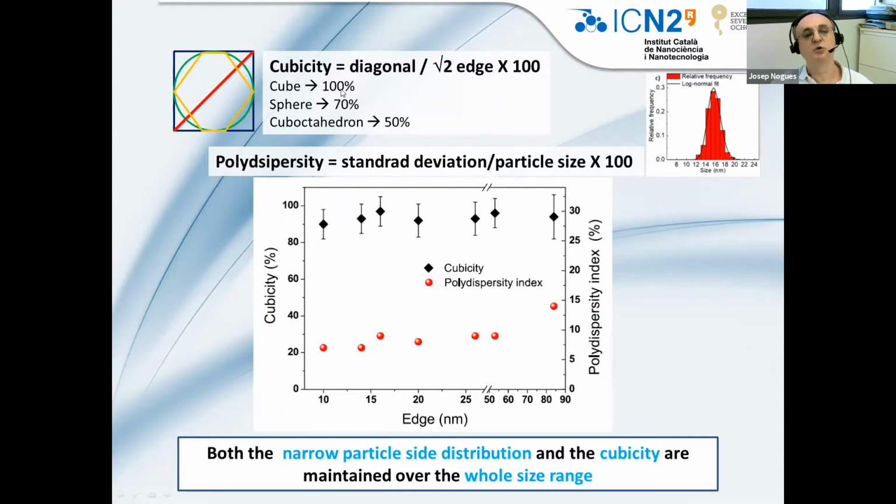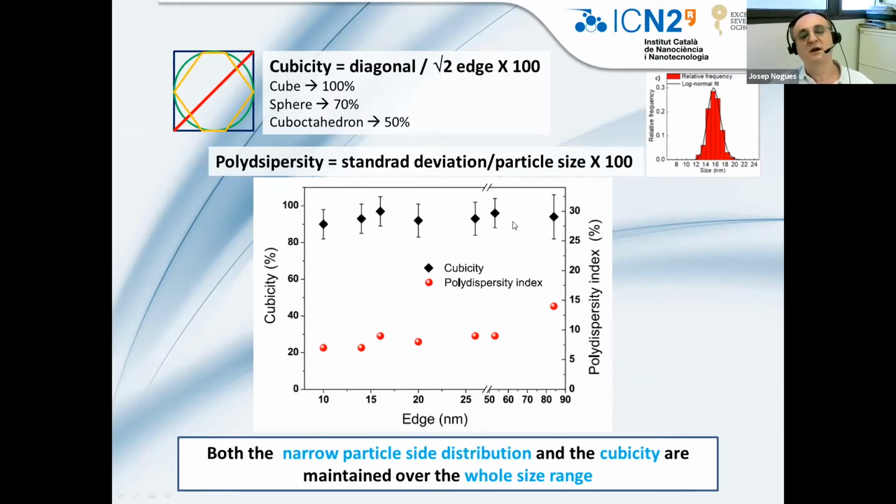So we thought that this would be a good parameter to check how cubic the particles were. As you can see here in black, particles from 10 nanometers to 90 nanometers keep a cubicity of 90% or even higher. So even if we can change the size by a large amount, their cubic shape is not compromised.